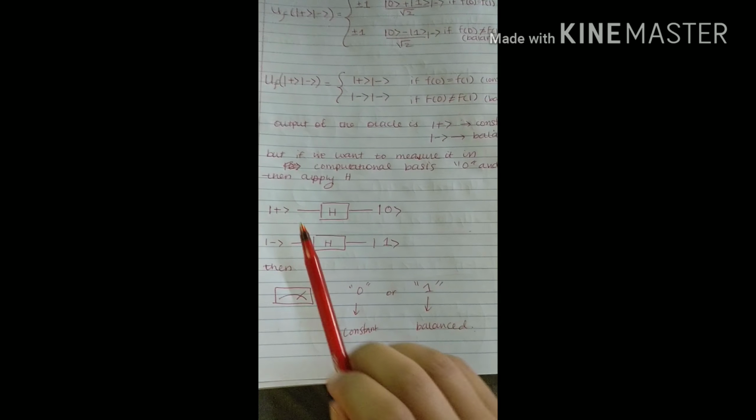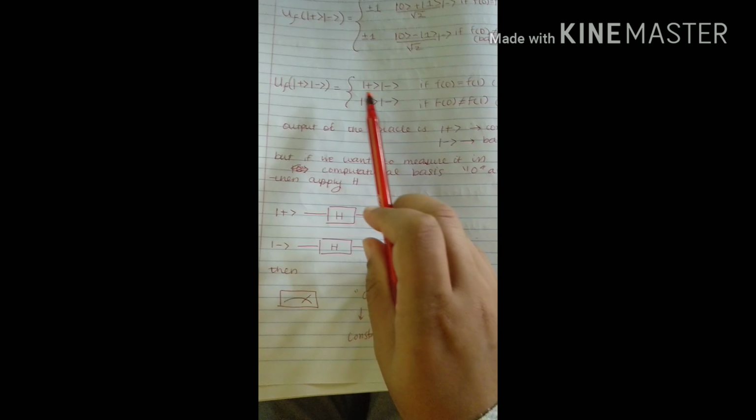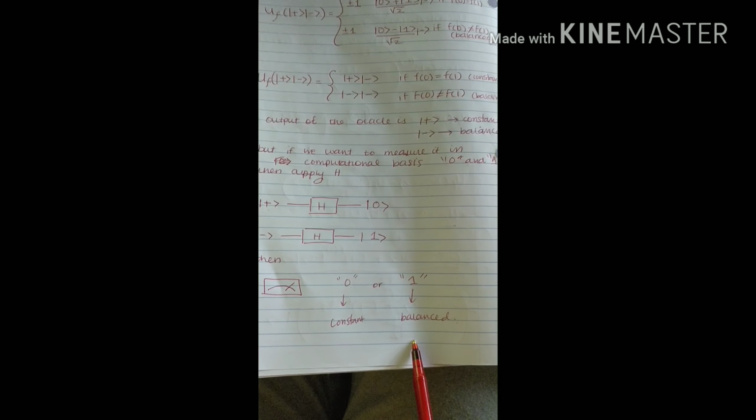And so going back here, remember we're going to either have plus or minus at the top wire because of what we have here. Then applying the Hadamard gate to this gives us the 0 back and gives us the 1 back. Then if we measure it in the natural basis, if we see a 0, that means that the function was constant. And if we see a 1, then the function was balanced.